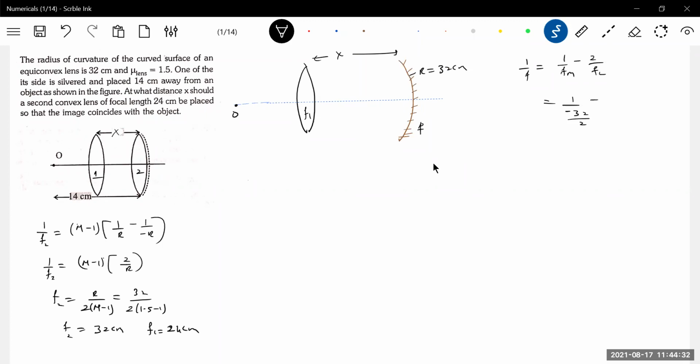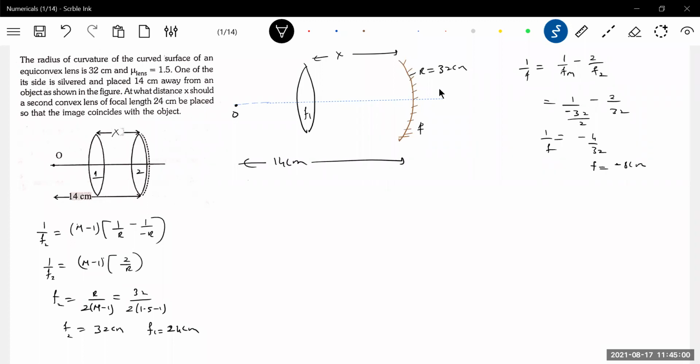Anybody, value of f? So this will be minus 2 by 32 minus 4 by 32, which gives 8 centimeter. So now this will behave like a plane mirror.